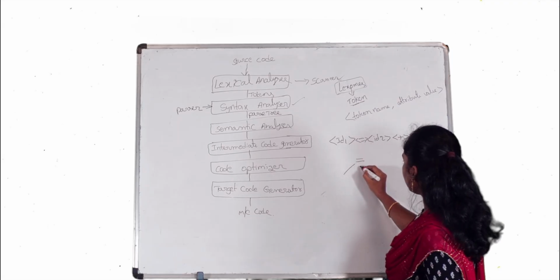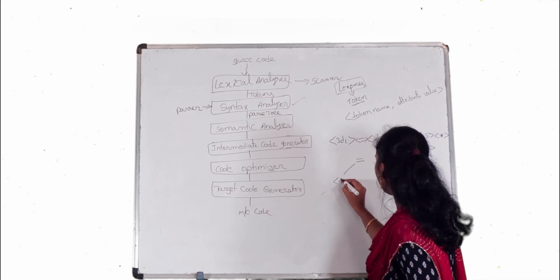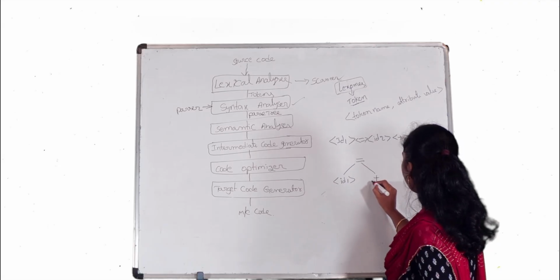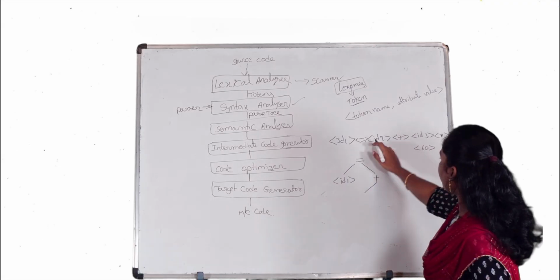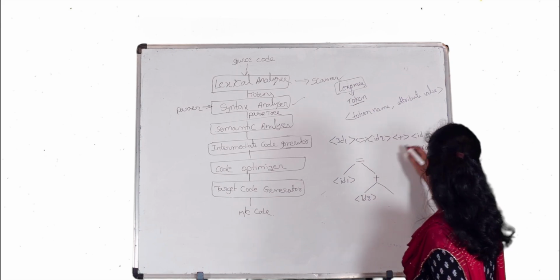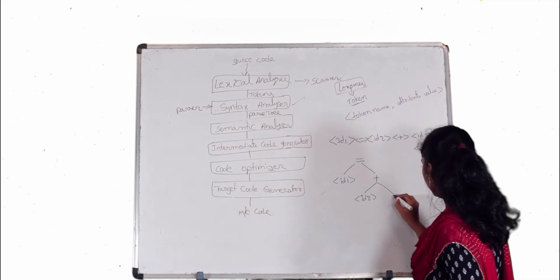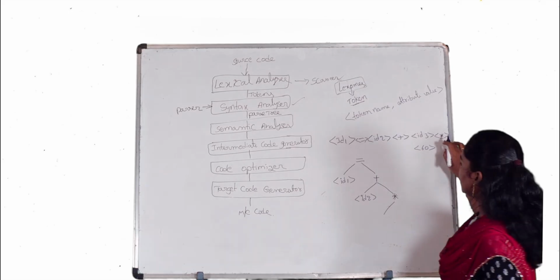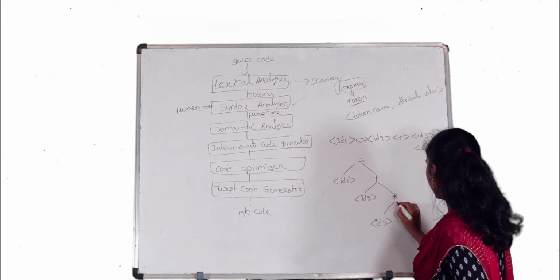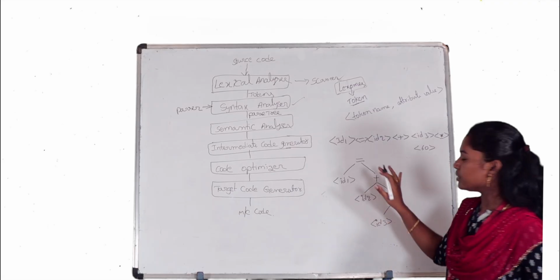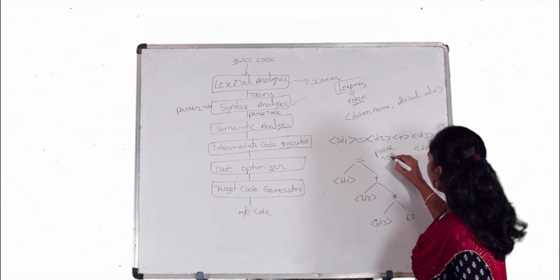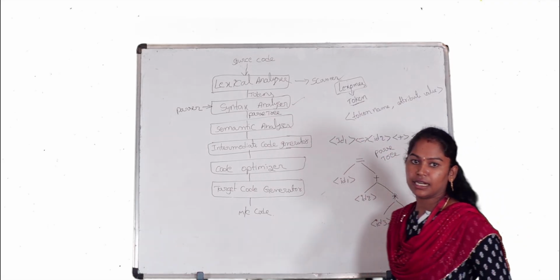First the operator equals to and ID1, next the plus operator. For the plus operator, the left side is identifier 2 and on the right side there is one more operator, star. For the star operator, the left side is ID3 and the right side is 60. So this is the parse tree generated by the syntax analyzer.